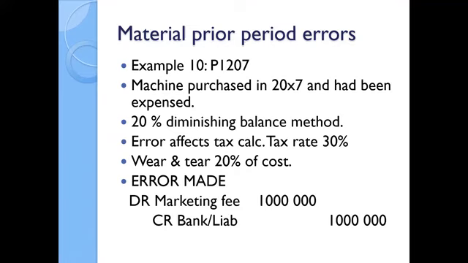So now we've got a 4-step process. Number 1, find out the error made. Number 2, correct the error. Number 3, what is the current tax effect? Number 4, what is the deferred tax effect?